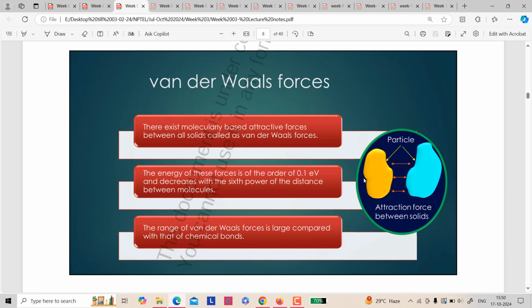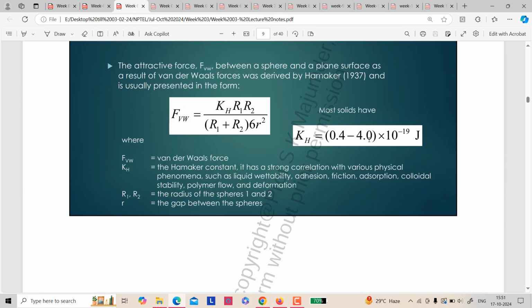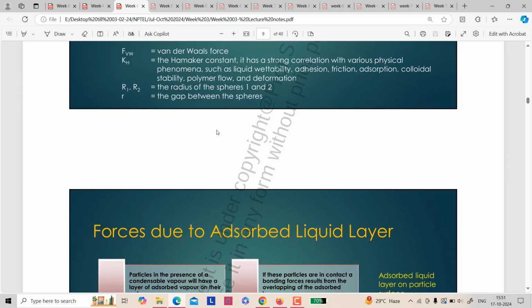The energy of these forces is of the order of 0.1 electron volt and decreases with the sixth power of the distance between molecules. The range of Van der Waals forces is large compared with that of chemical bonds. So this is how Van der Waals forces are calculated.